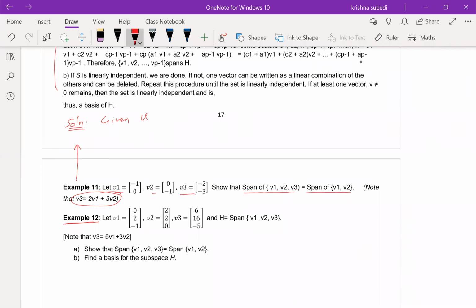Given v3, okay, let me just write, consider the equation. First consider the equation c1 v1 plus c2 v2 plus c3 v3 equal to 0, where c1, c2, c3 are scalars.